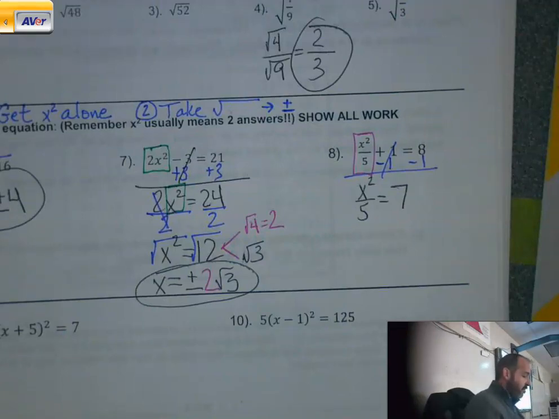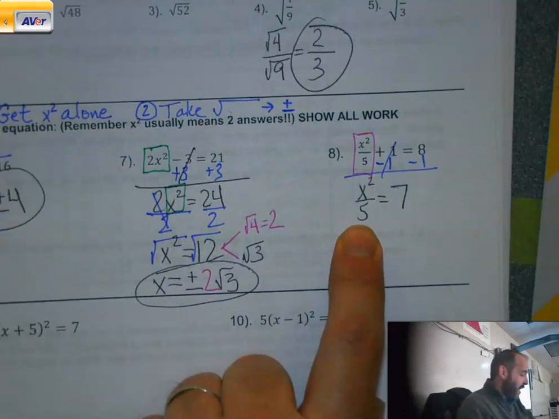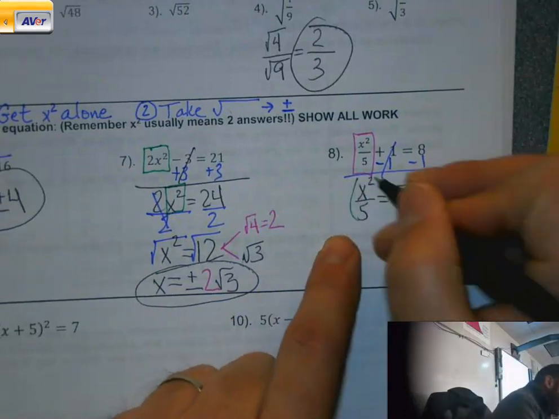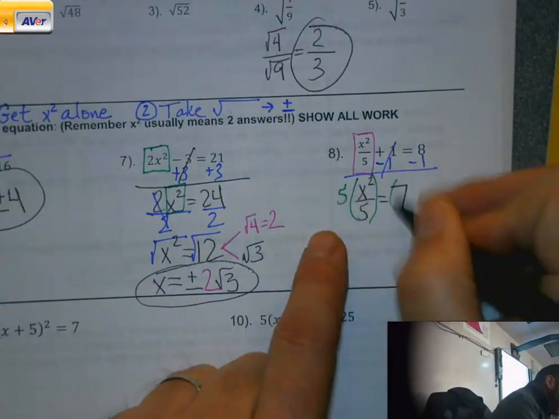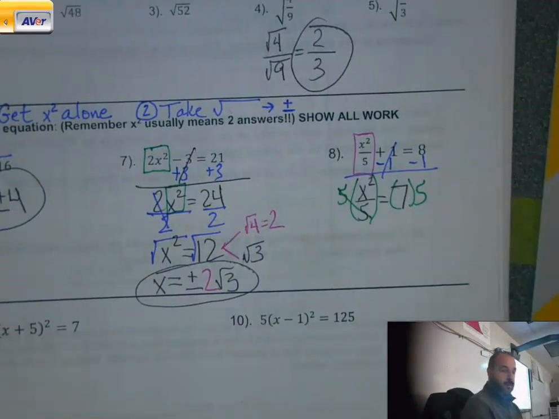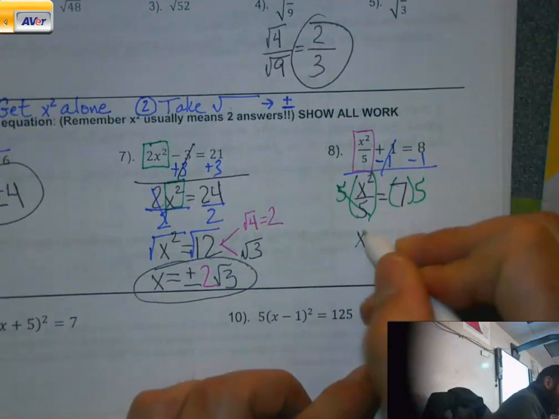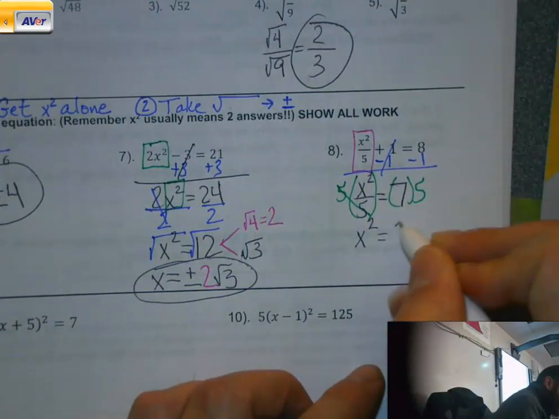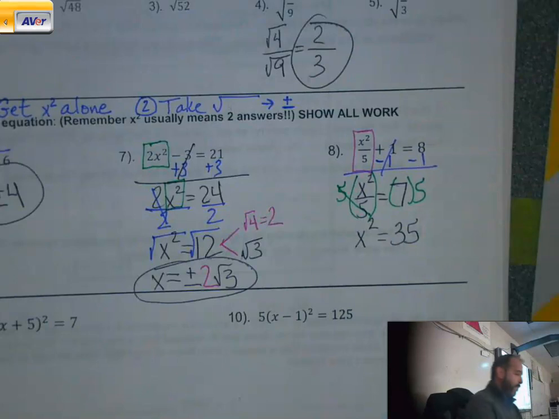So here, I'm dividing x squared by 5. The opposite would be to multiply. Whatever we do to one side, we got to do to both.